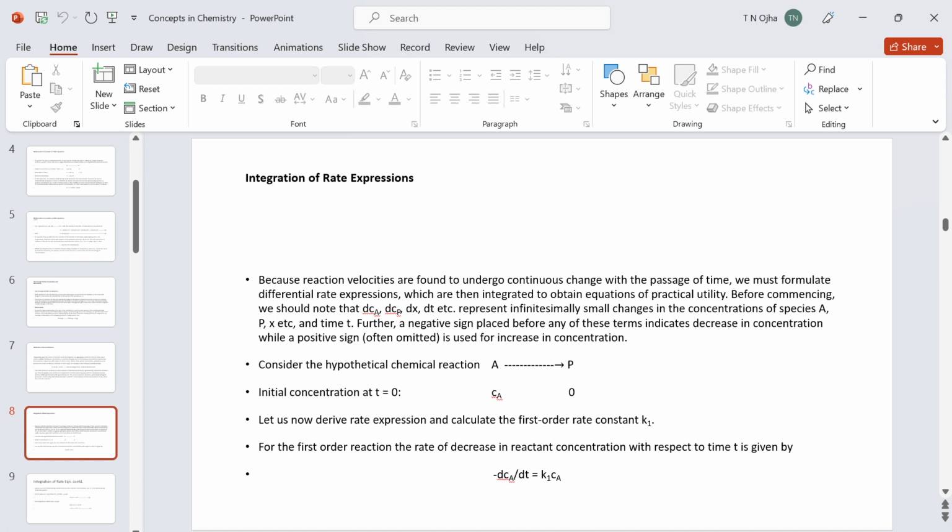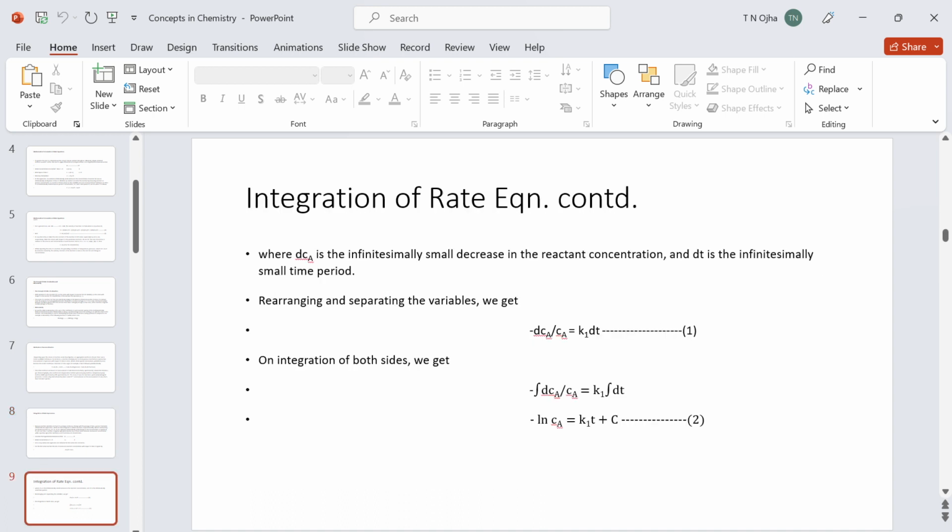As explained earlier, CA refers to concentration of A, that is reactant. K1 refers to the rate constant. dt refers to infinitesimal change in time, and dCA refers to infinitesimal change in reactant concentration over time dt. So for this simple case, we can write the rate as minus dCA over dt equals K1 CA.